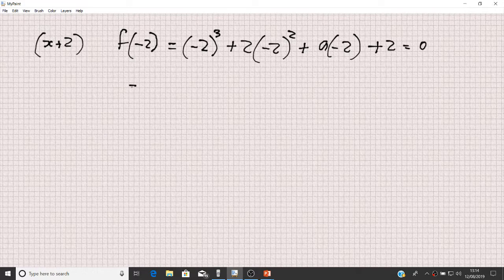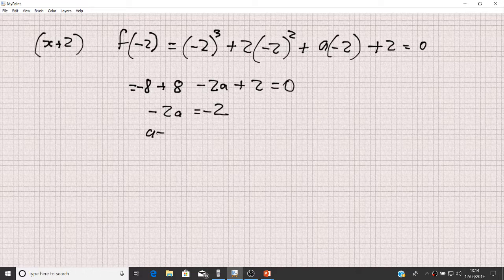So what we've got here is negative 8 plus 8 minus 2 times a plus 2 equals 0. Well, the negative 8 and the positive 8 cancel, so we're left with negative 2a plus 2 equals 0, which means negative 2a equals negative 2, which means a must be 1. And now we can find the remainder.